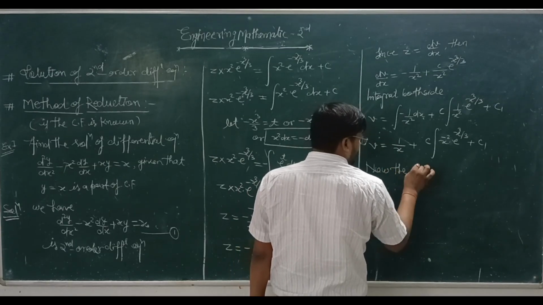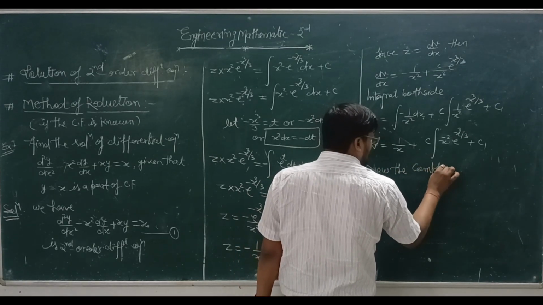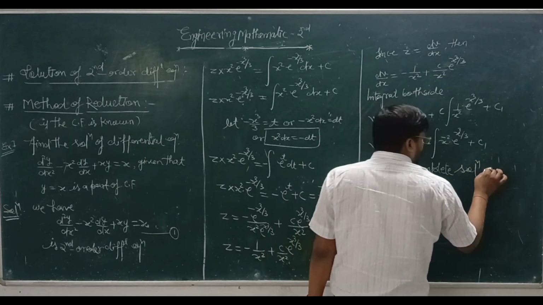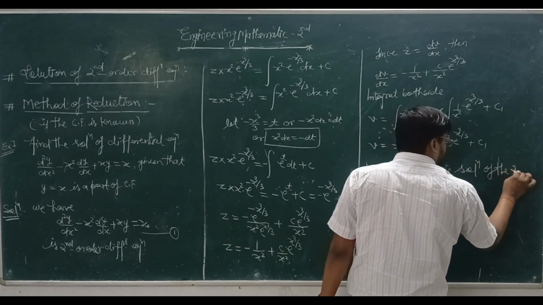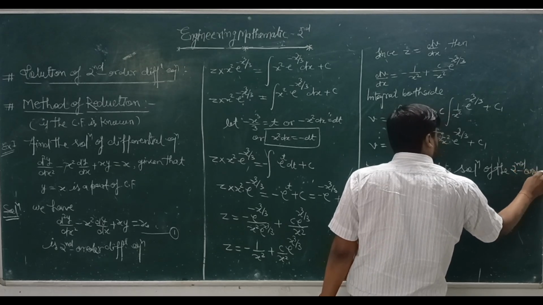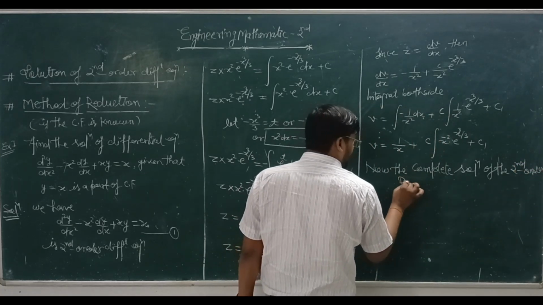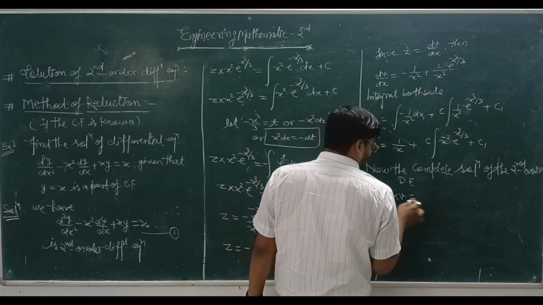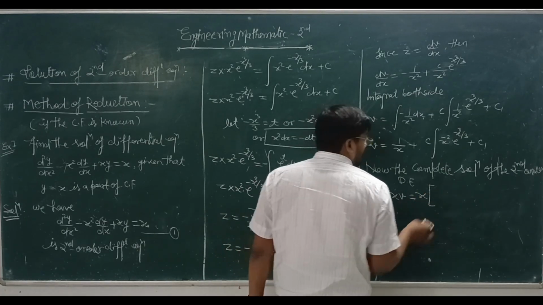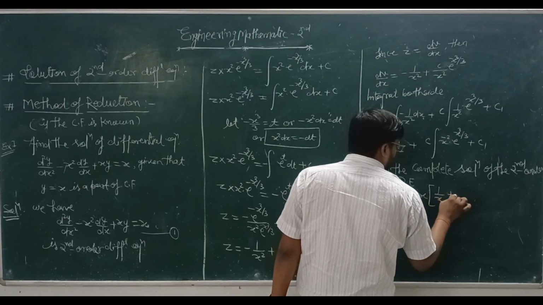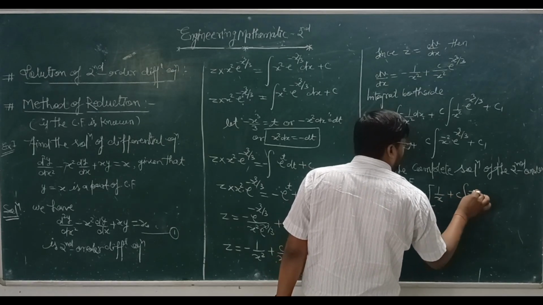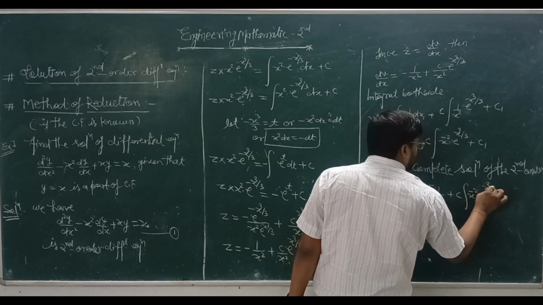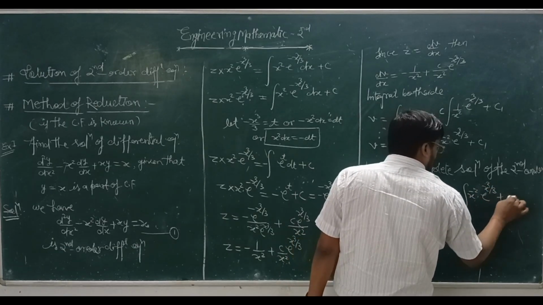Now the complete solution of the second order differential equation: y is equal to x into v. Put the value of v: x bracket 1 upon x plus c integration of x to the power minus 2 into e to the power x cubed upon 3 plus c1.